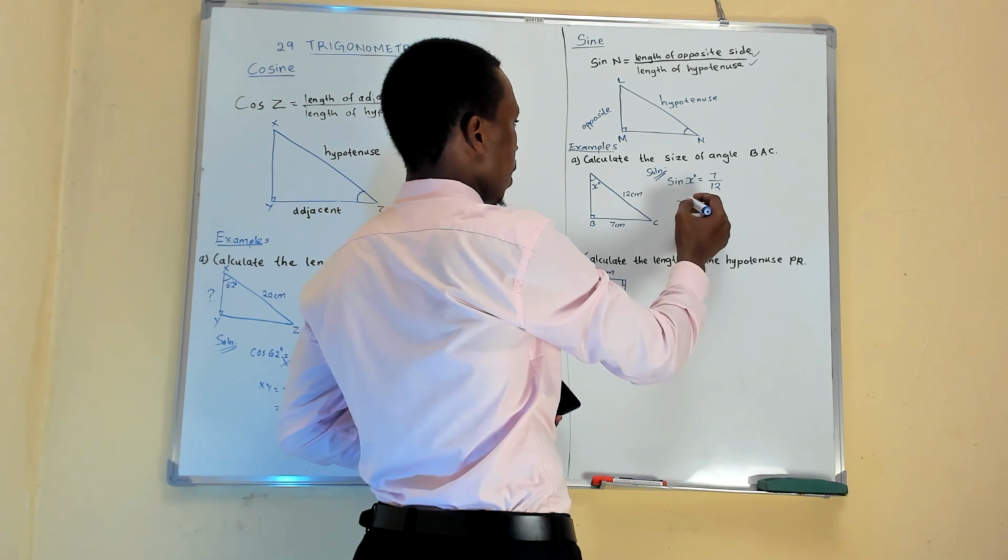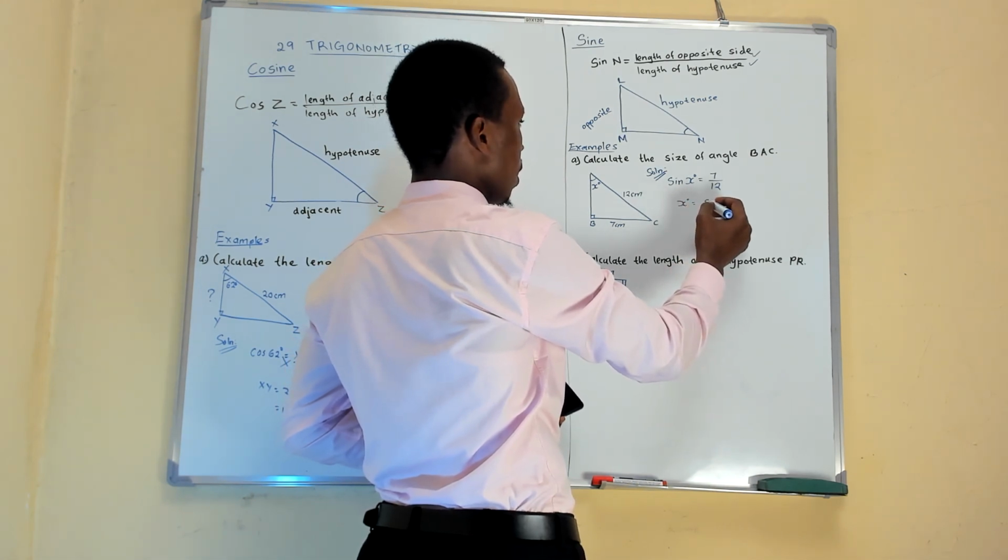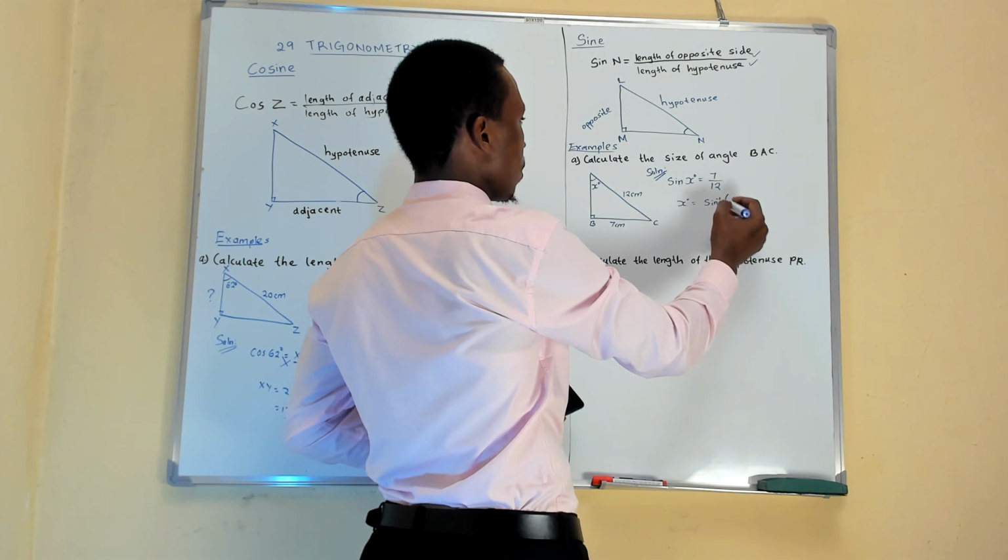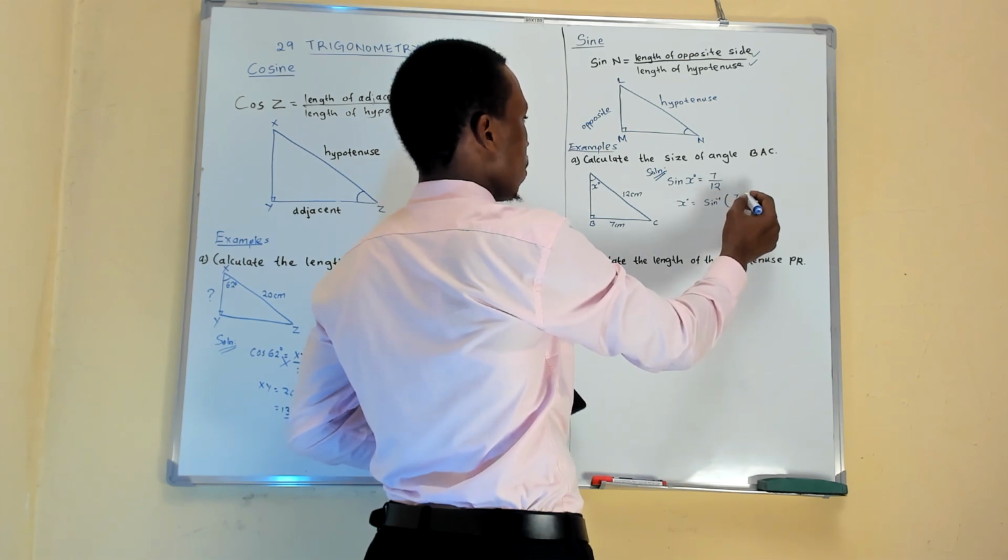So x degree itself is sine inverse of 7 divided by 12.